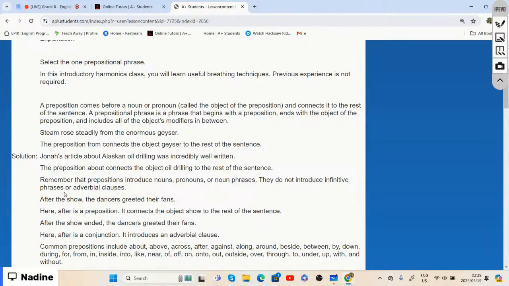All right. So if we look at an example of a preposition, it says: Steam rose steadily from the enormous geyser. Steam rose steadily from the enormous geyser, right? Which means that the preposition from connects the object geyser to the rest of the sentence.